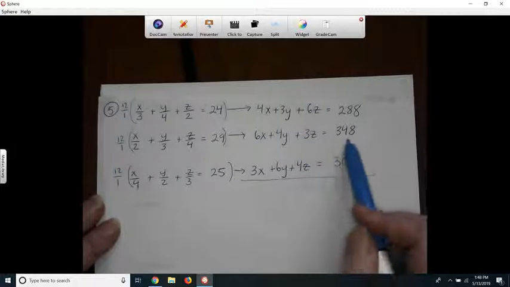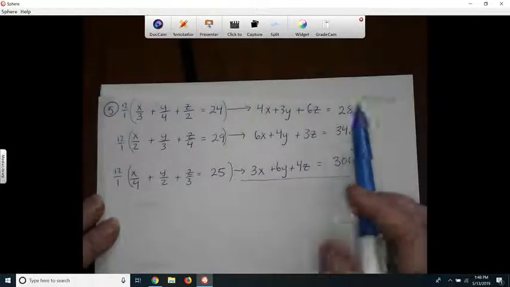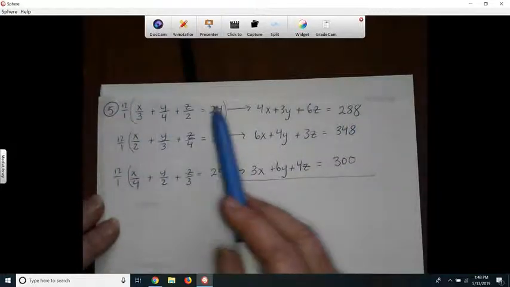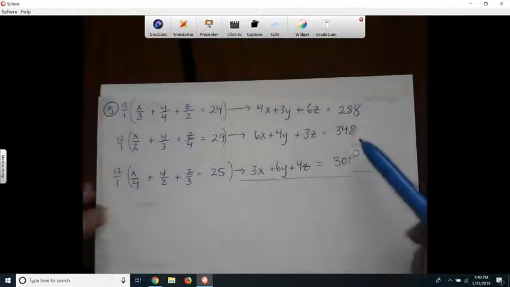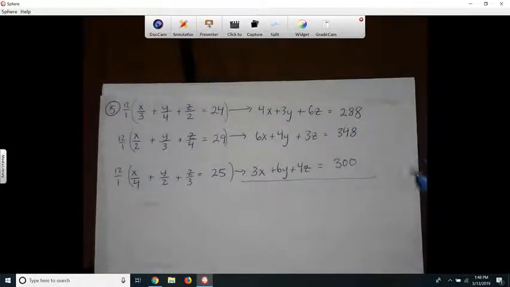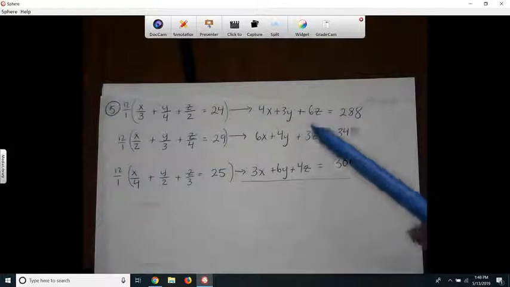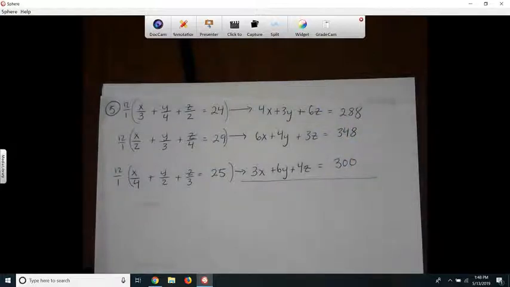Remember I also have to multiply the 12 all the way to the other side. I'm multiplying both sides of the equation by 12. You can pause the video and try to figure out where this all came from. But basically I multiplied through by 12, and now it looks just like all the other problems in the first part of your packet.